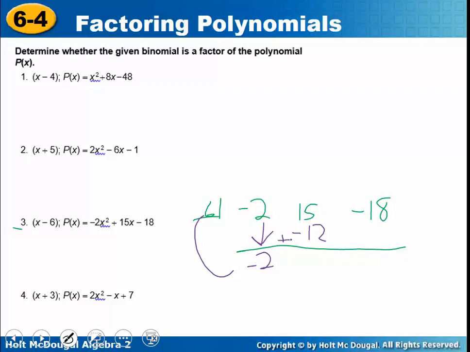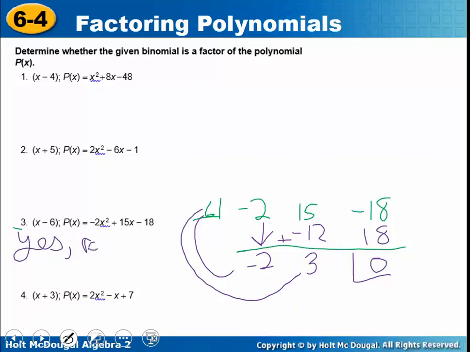And then I add these. 15 plus negative 12 is 3. And then I multiply. 3 times 6 is 18. And negative 18 plus 18 is 0. So our remainder is 0. So you would say yes, and then you could say that the remainder is 0. So that's it for those, determining whether a binomial is a factor of the polynomial.